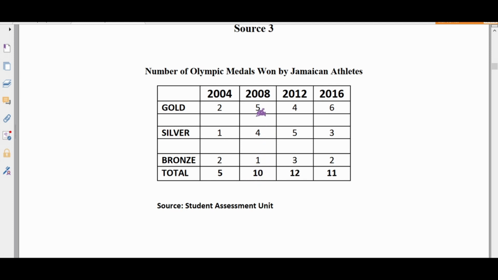In 2012, we have 4 gold, 5 silver, and 3 bronze, and that gives us a total of 12 here. This was 10, this is 12. And in 2016, we have 6 gold, 3 silver, and 2 bronze with a total of 11. Okay.